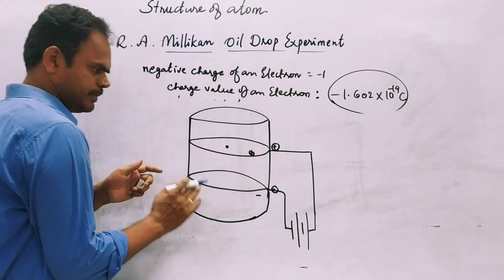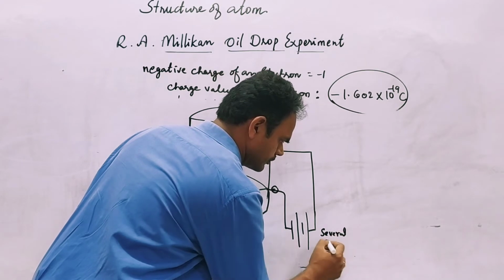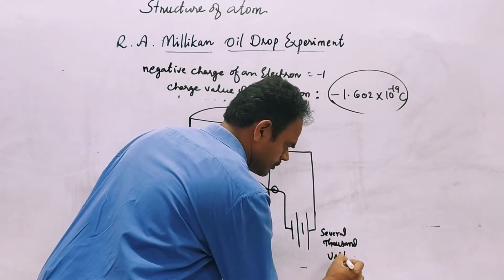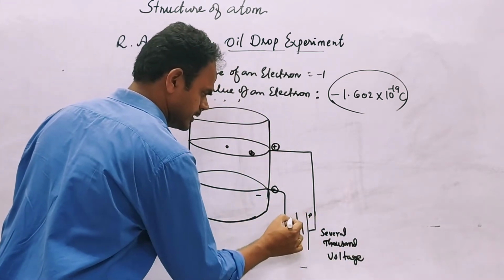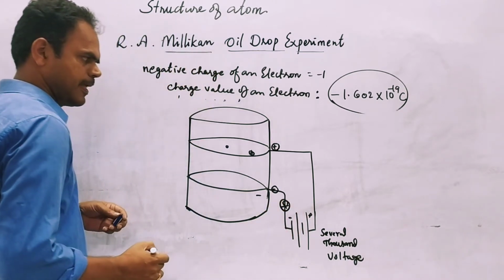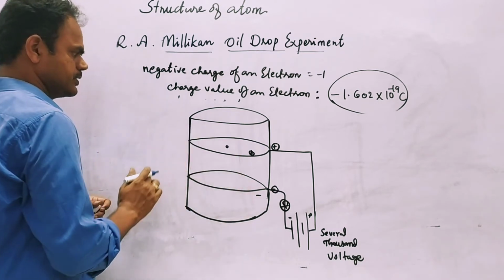The voltage maintained is several thousand volts, 7,000 volts, positive and negative. Here a voltage regulator is present, connected to the negative electric condenser and the positive electric condenser.